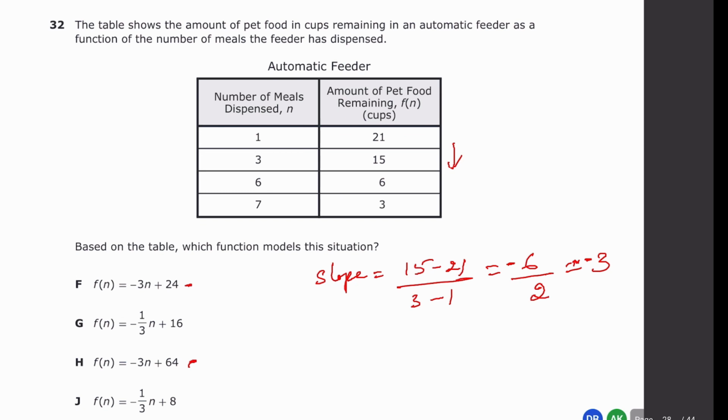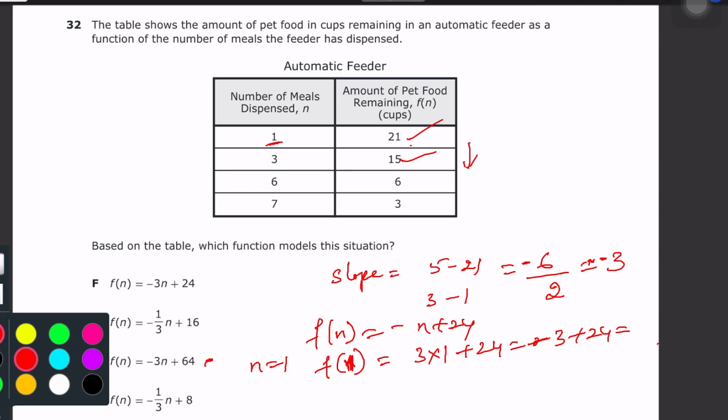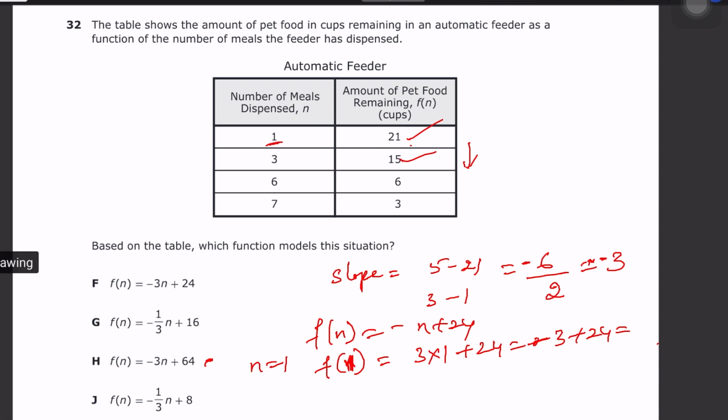Now we'll see whether we are getting f(n) = -3n + 24. I'm taking this first equation, this f value. We'll put in one of the values, n equal to 1, and see whether we are getting 21 or not. f(n) = -3 into 1 plus 24, which is -3 plus 24, equal to 21.